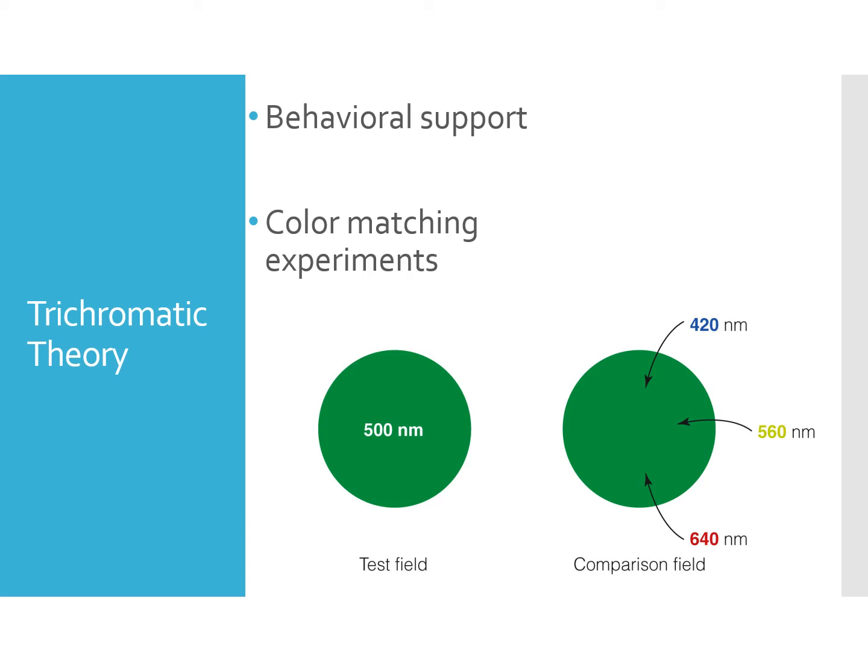They never needed four to match some color in the test field. They couldn't match all of the possible single wavelength lights in the test field with just two. They needed three, which told Young and Helmholtz that we had three color mechanisms. Or this was the assumption from the behavioral evidence.